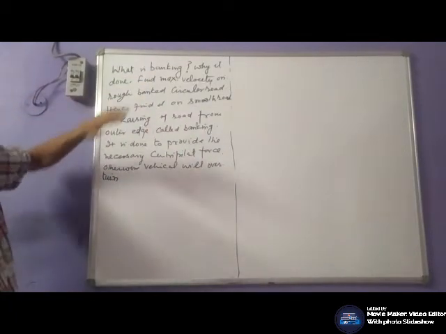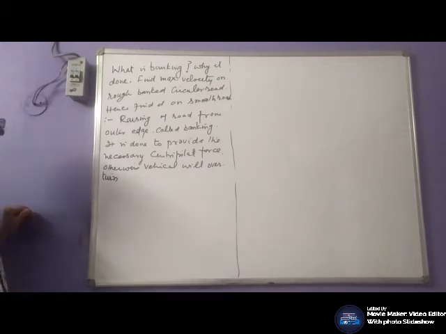So this is banking, lifting, raising of the road from the outer edge. It is done to provide the necessary centripetal force, because when a body is moving in circles, centripetal force is necessary.